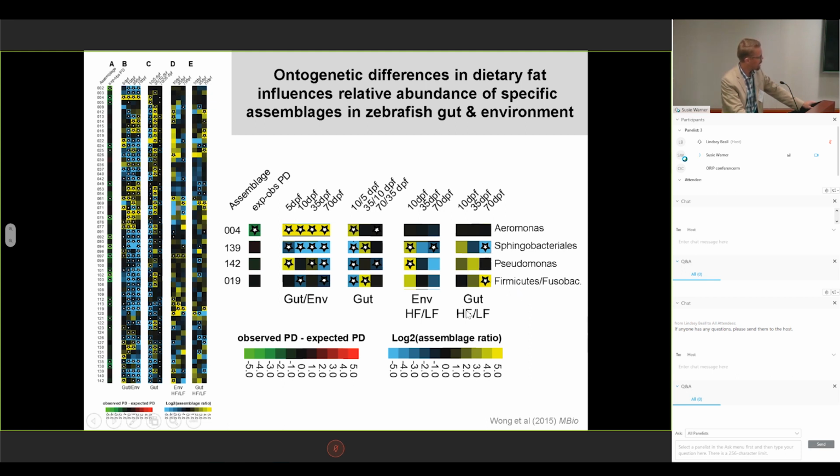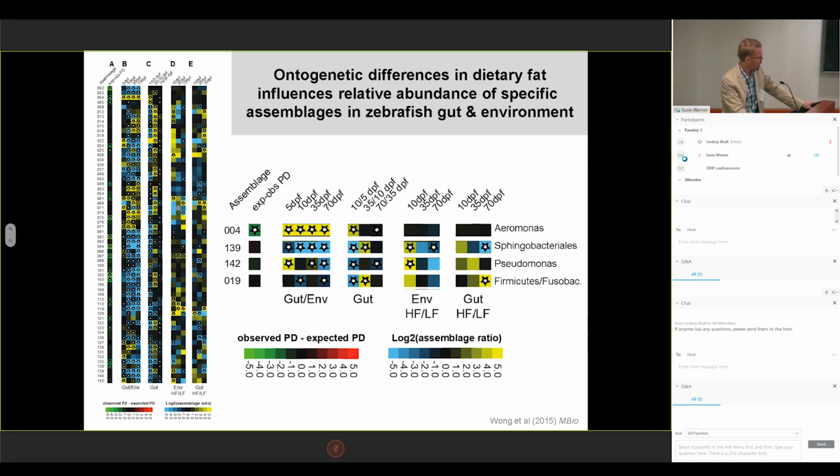And what you can see is that the impact of these diets can have a variable effect on different assemblages at different times. For example, this second cluster of Cingobacteriales was slightly enriched in the gut at early stages, but at later stages was enriched in the water.